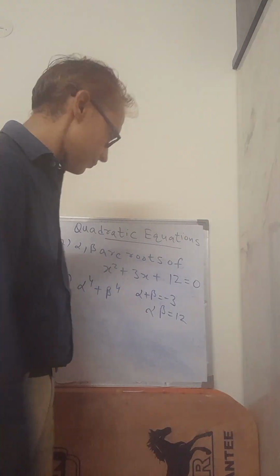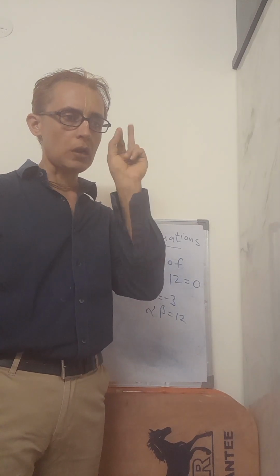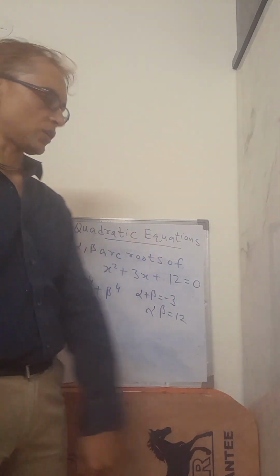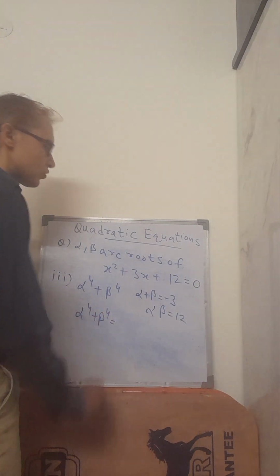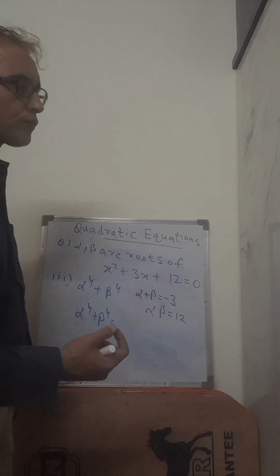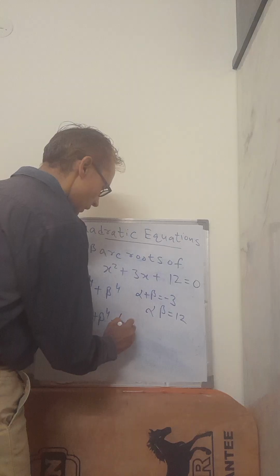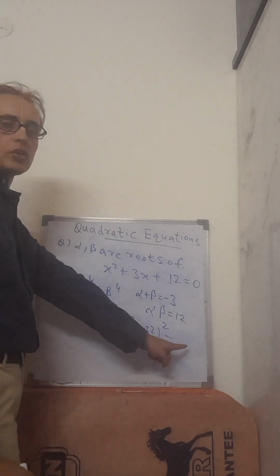So one method I told you: in the first formula of alpha square plus beta square, you replace alpha with alpha square, beta with beta square. If you do the replacement, then alpha 4 plus beta 4 comes out to be what? Our previous formula for alpha square plus beta square was alpha plus beta whole square, so here it will become alpha square plus beta square whole square, and here was 2 alpha beta.